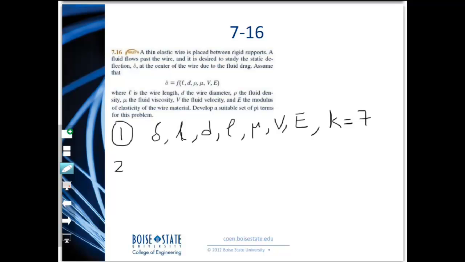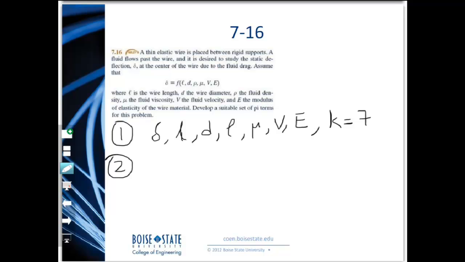So then step 2 says we then go ahead and identify these variables in terms of their primary dimensions. So for example, you can follow the MLT system, which I would prefer. If you're comfortable using the FLT system, which is force length time system, you could go ahead and use it, but I would rather suggest you do the basic thing, which is the MLT system, mass length time system.